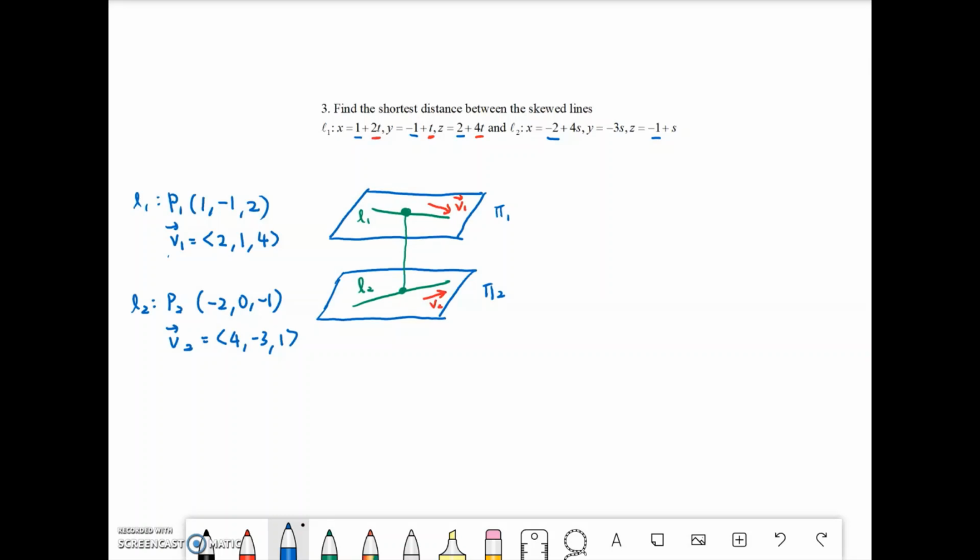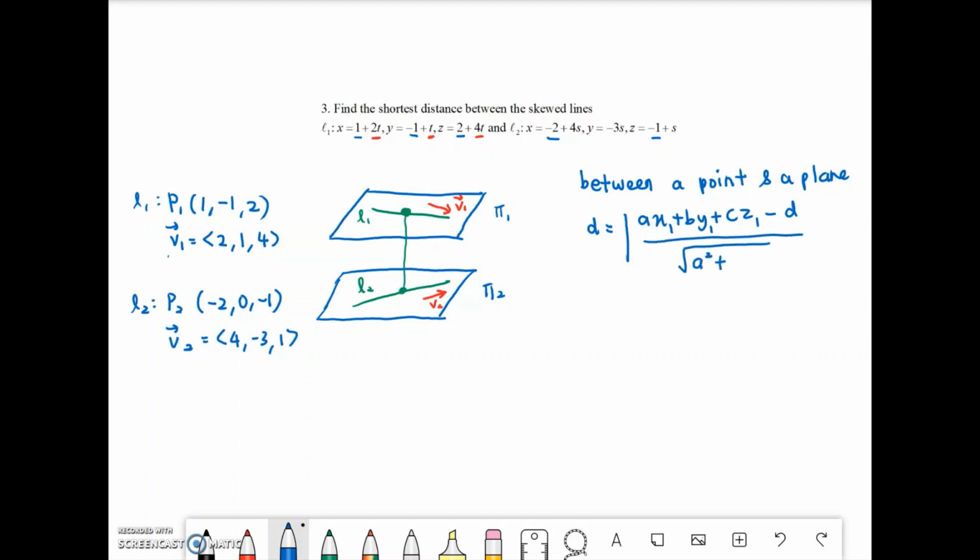In order to find the shortest distance between a point and a plane, we must have the value of (ax1 plus by1 plus cz1 minus d) divided by the square root of a square plus b square plus c square.